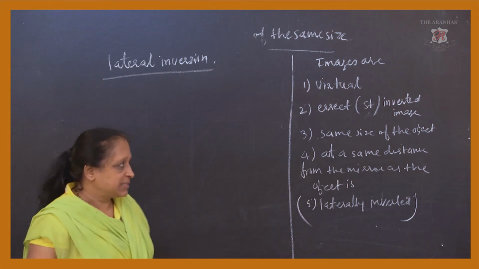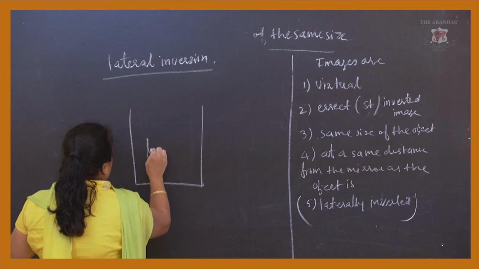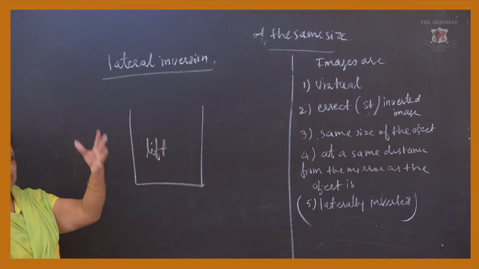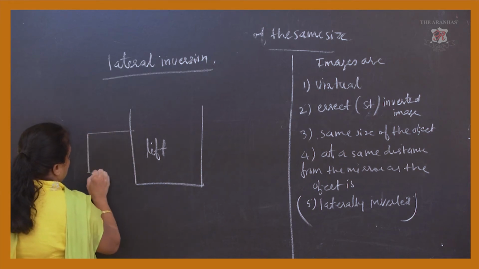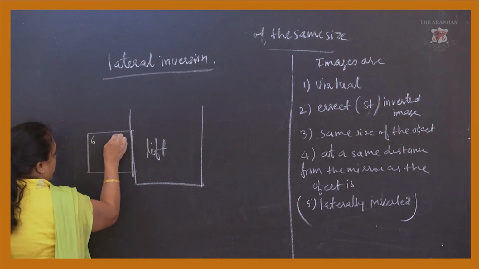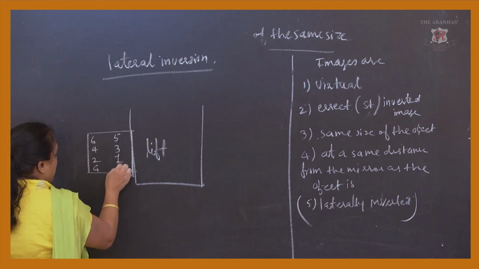I'll give you the best example. When we are using the lift to go up, maybe to the third floor, fourth floor and so on, near the lift you will have the numbers which we are pressing, like 6th floor, 5th floor, 4th, 3rd, 2nd floor, ground, 0, whatever.